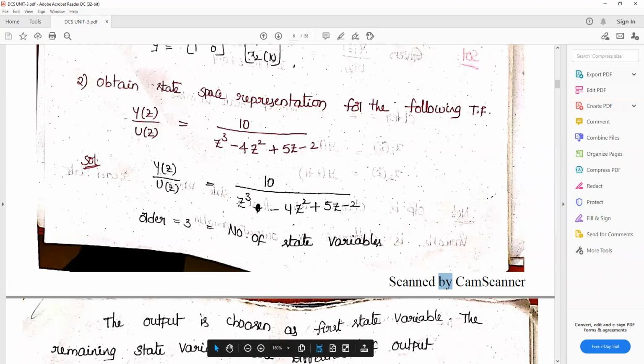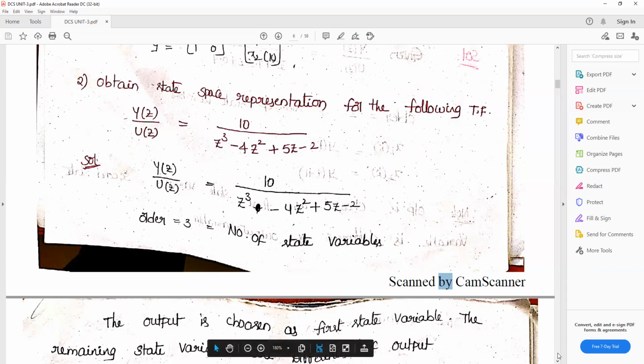For an order 4 system, z power 4, the number of state variables is 4. For z power 5, the number of state variables is 5. So the order of the system depends on the state variables.